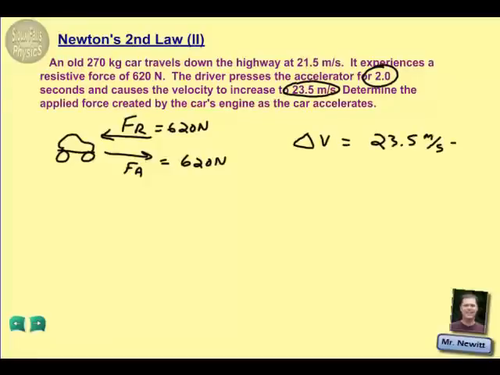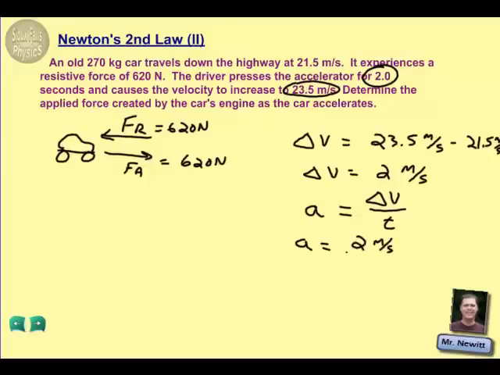We ended at 23.5, we started at 21.5, so we underwent a change in velocity of 2 meters per second. The acceleration is equal to that change in velocity divided by the time it took to do that. It took 2 seconds. So with a change in velocity of 2 meters per second over 2 seconds, my acceleration is 1 meter per second squared.